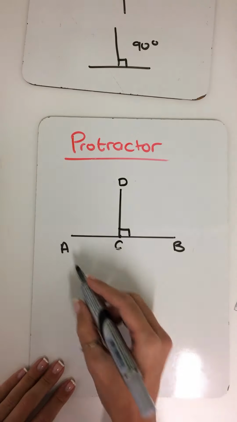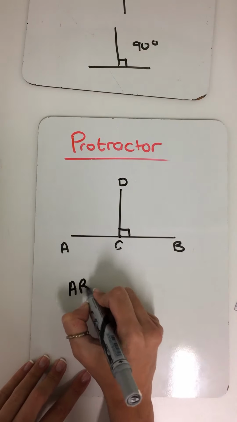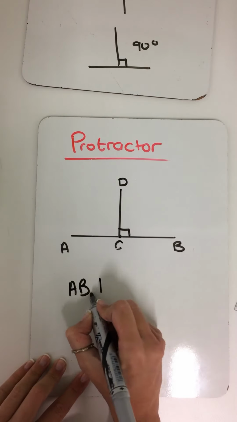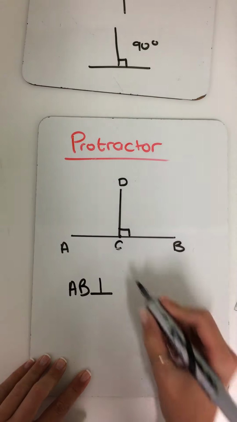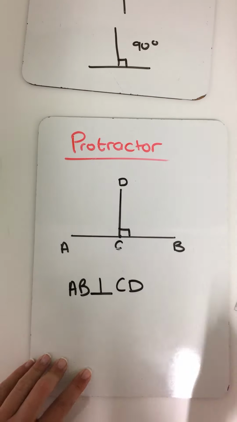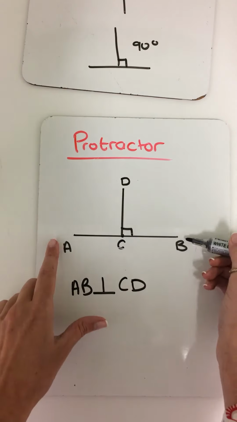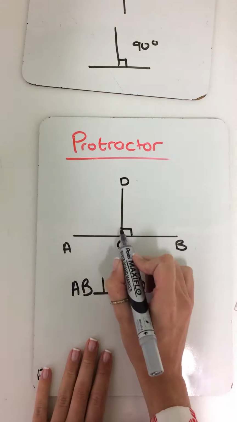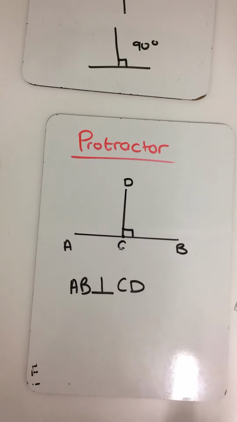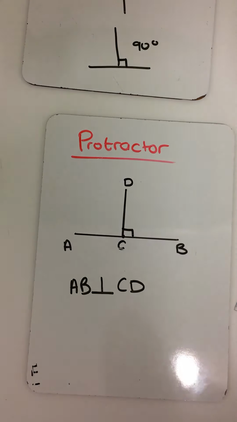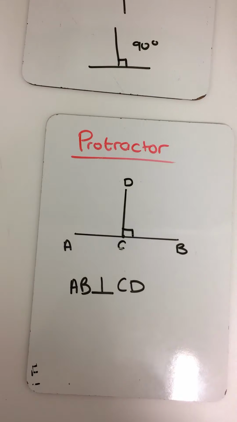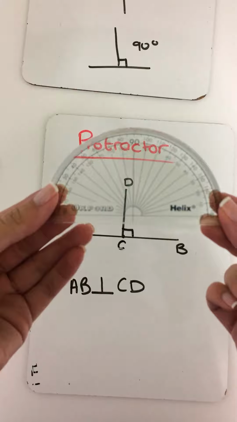And to show that they're perpendicular, I have to say line AB is perpendicular, that's the sign for perpendicular, to CD. What that means is AB and CD meet at a right angle and they are therefore perpendicular to each other. So that is how I draw perpendicular lines using a protractor, which we already know.